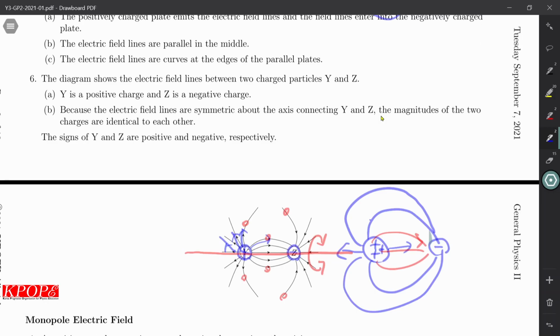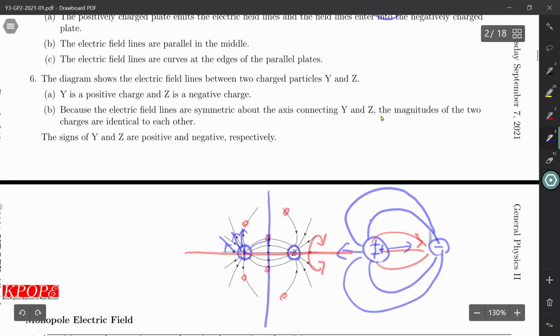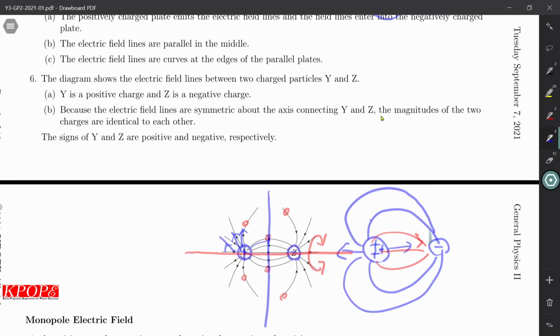Okay, so there is another symmetry axis that is perpendicular to the straight line connecting the two charges. If there is a left-right symmetry, then the two charges are the same.